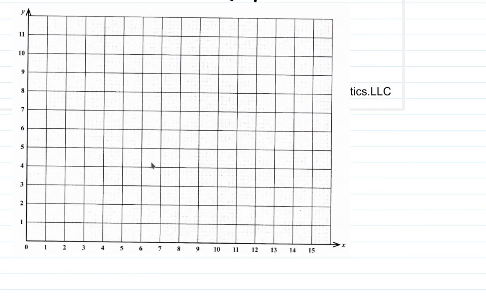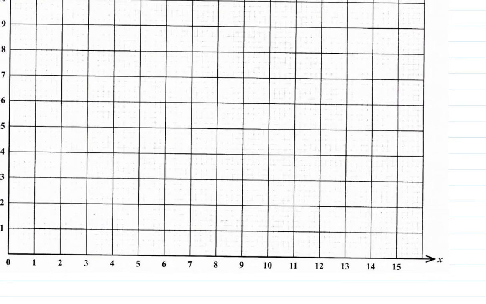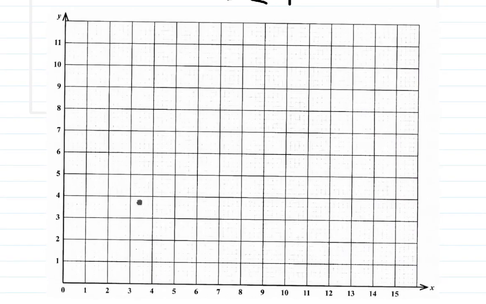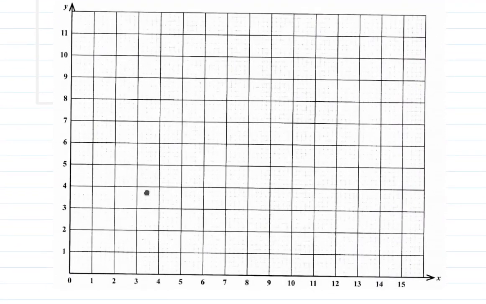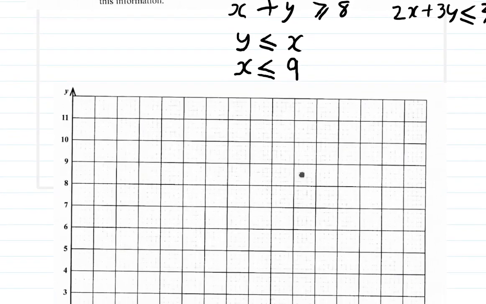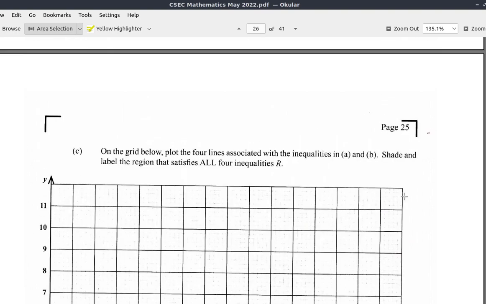In fact, I'm going to increase the size of it. I don't want it too big. Let me just see if I can put it this way, so I can see all of it at once. Good. Now, let's say we're here.